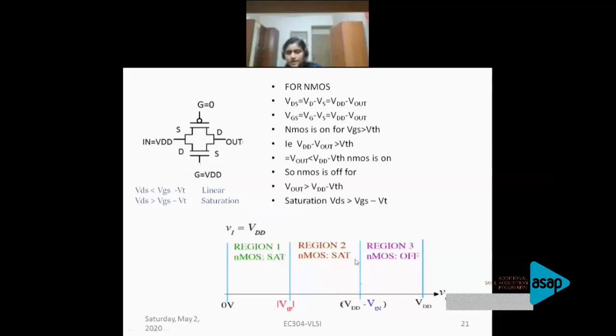I believe it is clear. For a voltage value Vout greater than VDD minus VTH, NMOS is off. Less than VDD minus VTH, NMOS is on, which means it is in the saturation region. That we have concluded from the equations. So that is the analysis of NMOS. NMOS goes through saturation and cutoff.